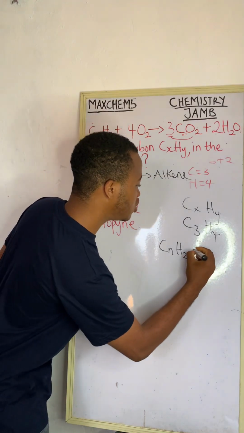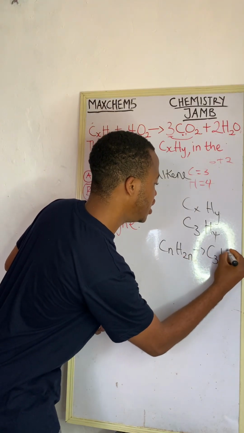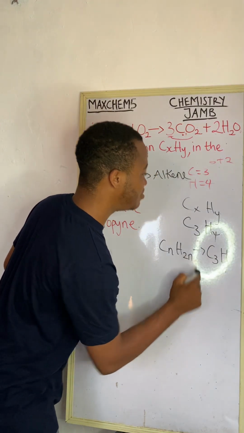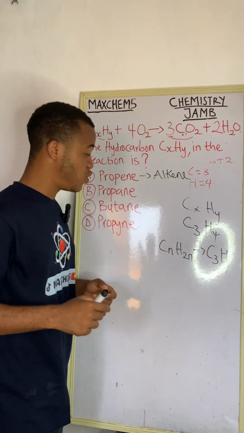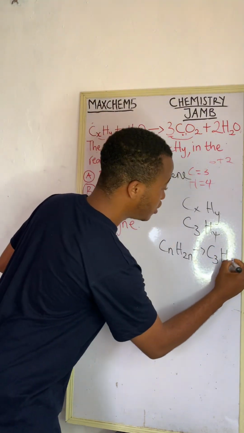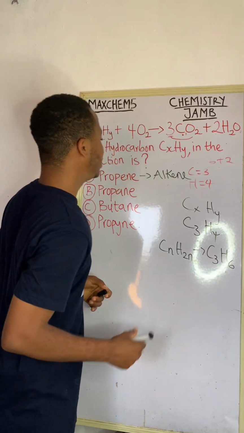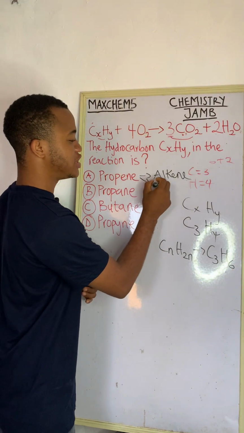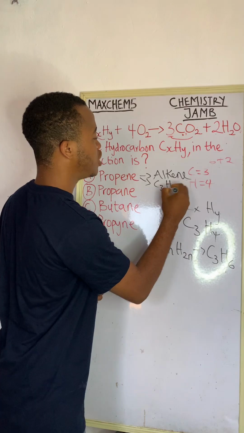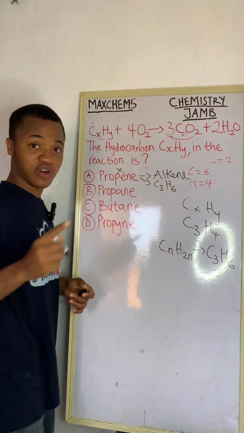So it's going to be C3H, 2 times 3, which gives you 6. So C3H6. This is the formula of propene. That means that propene is not the correct answer.